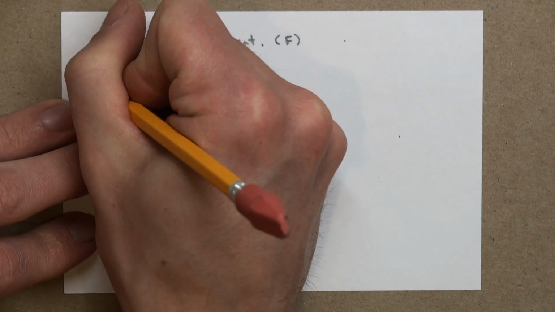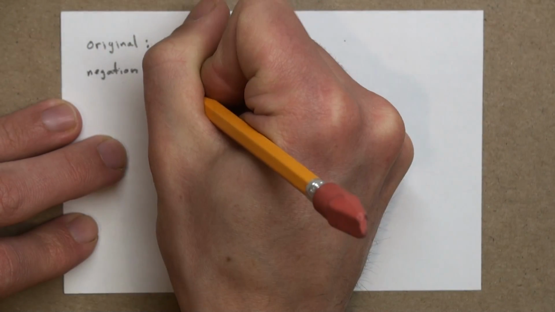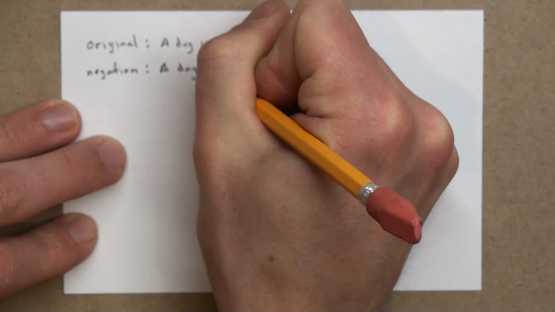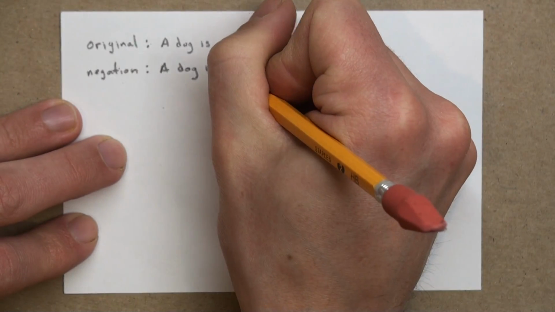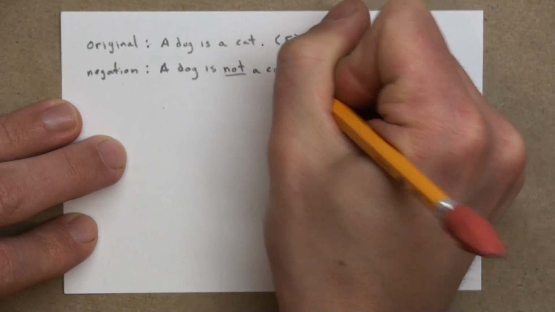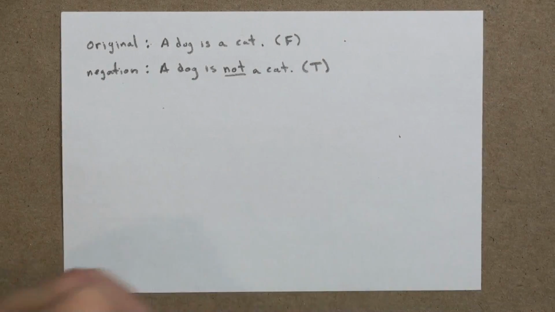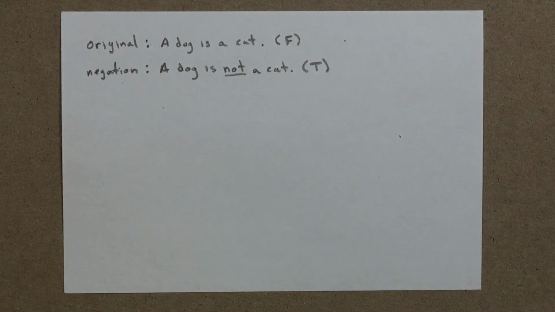So then to do the negation, we could just say a dog is not a cat, which then the truth value changes from false to true. Okay? That's good enough for negation.